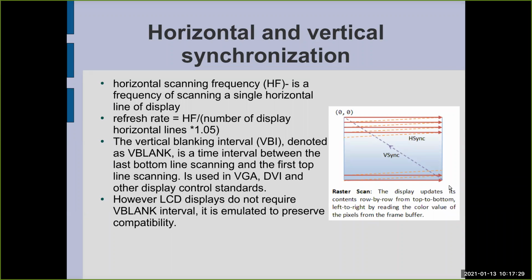So it was time in which the ray was moved from the right bottom corner to the origin of the display. So it takes time. So in this place we have something which is called V blank. So V blank is time when the ray is moved from the end to the beginning.